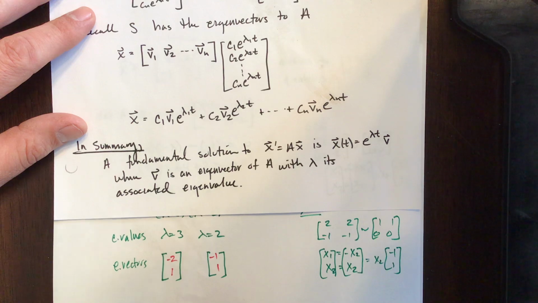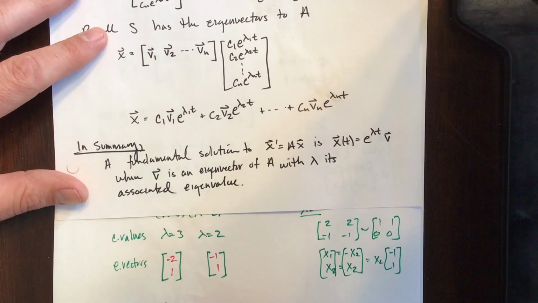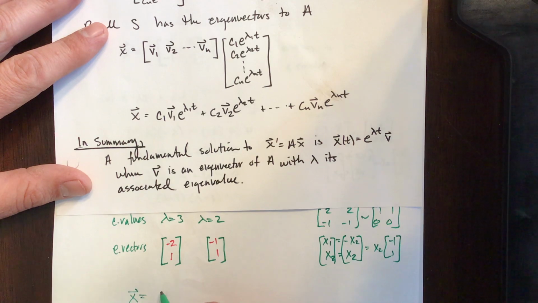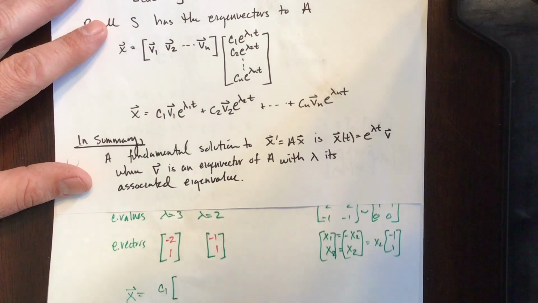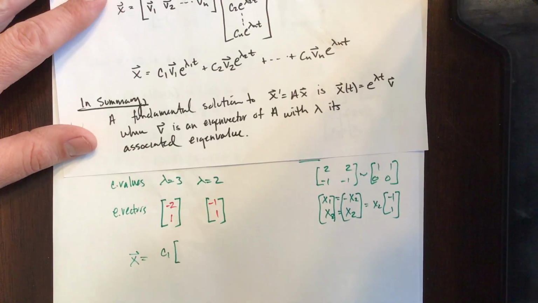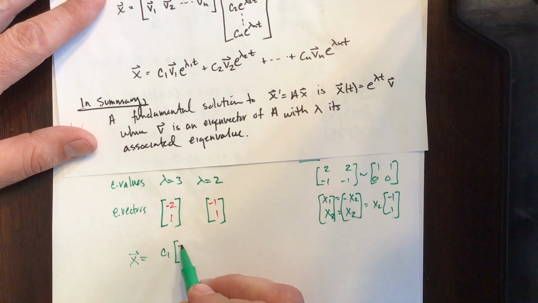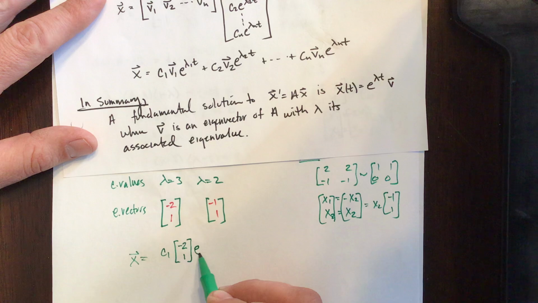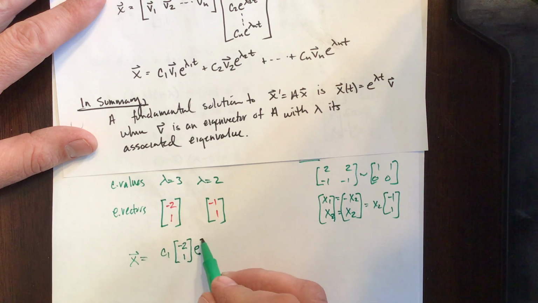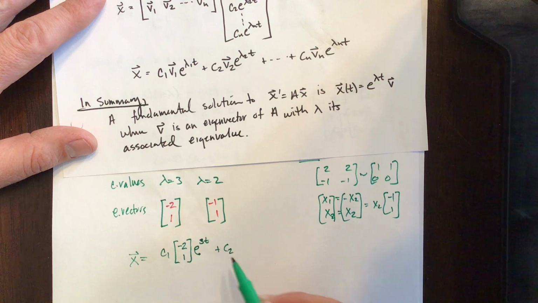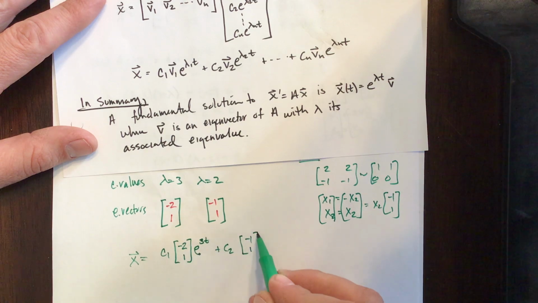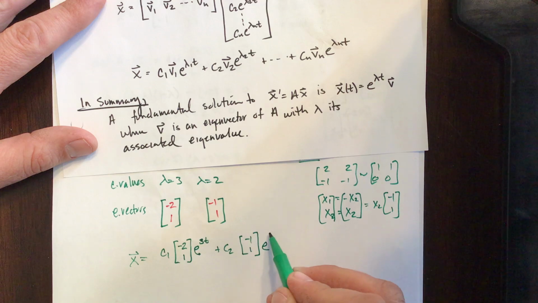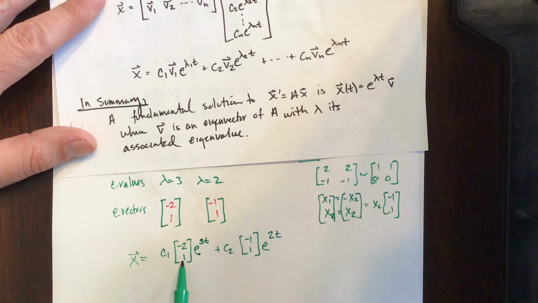So the solution here to x prime equals Ax looks like C1 times the vector negative 2, 1 times e to the 3t plus C2 times the vector negative 1, 1 times e to the lambda 2 t, so that's e to the 2t.